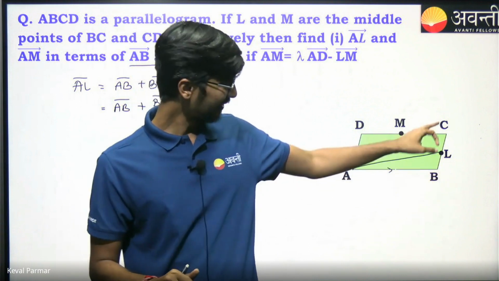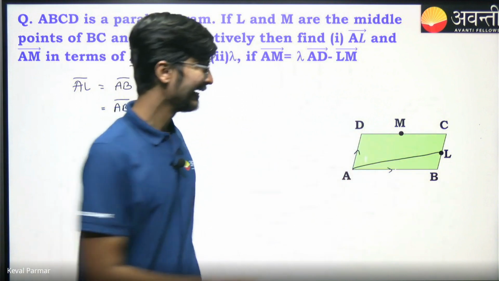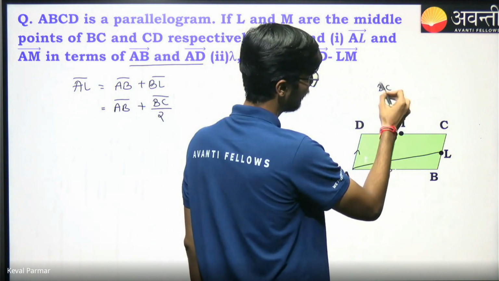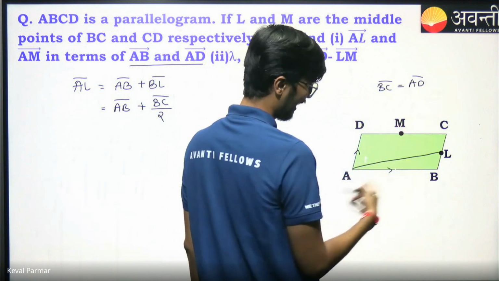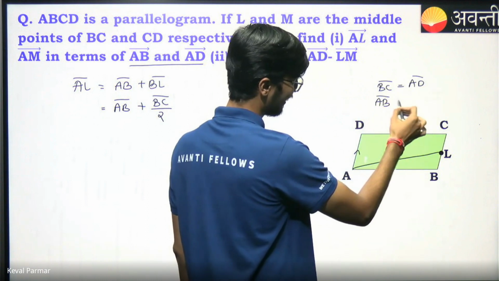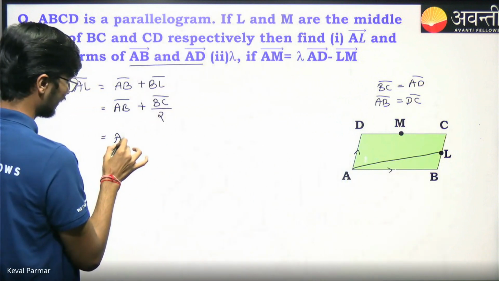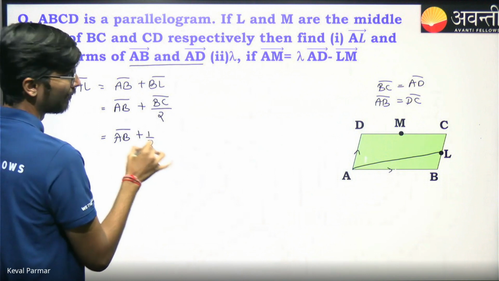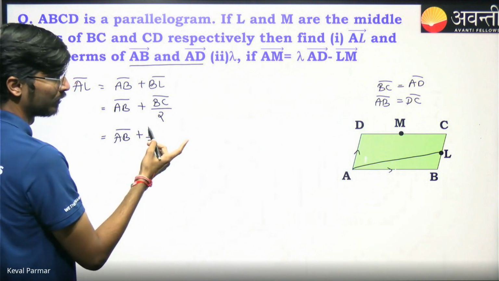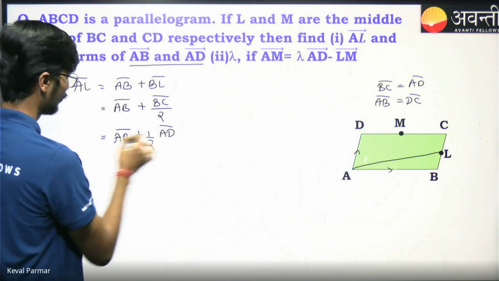That means I can write BC bar equals AD bar, and also AB bar as DC bar. So this I'll be writing as AB bar plus half into AD bar. So this is my answer.